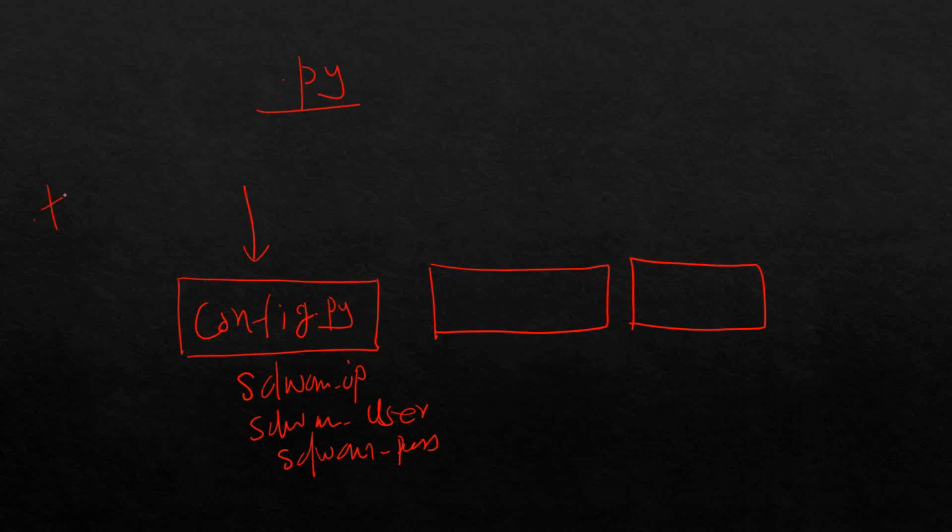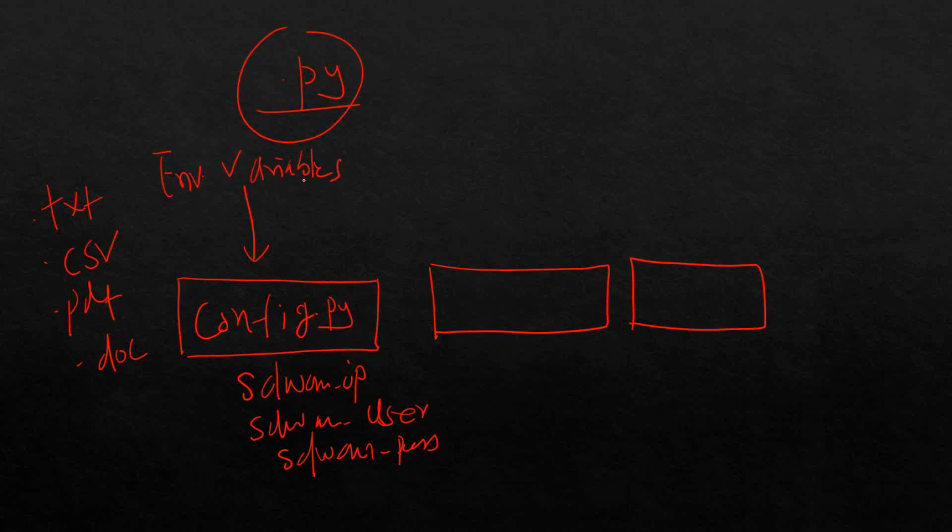Like a text file has the extension txt, the Excel file CSV, PDF, and so on, a document doc, Python has this extension py. Now, one small file where we are going to put the variables. In terms of Postman, these are nothing but your environment variables. Correct.